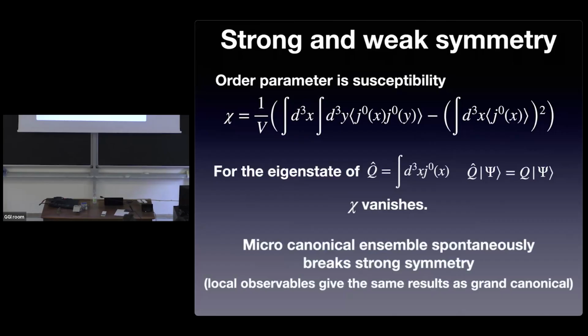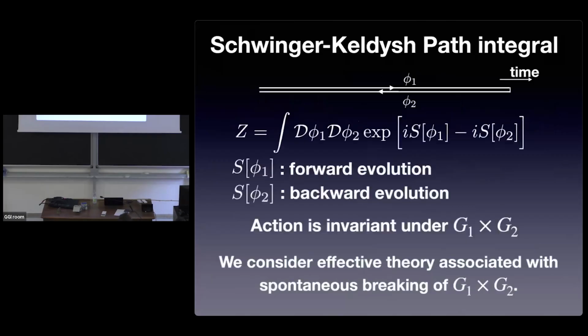In any case, recent study shows that microcanonical ensembles can be understood as spontaneous breaking of the strong symmetry. Now we want to discuss the effective theory of hydrodynamics. It is better to consider the Schwinger-Keldysh formulation in this case because we treat the density operator.